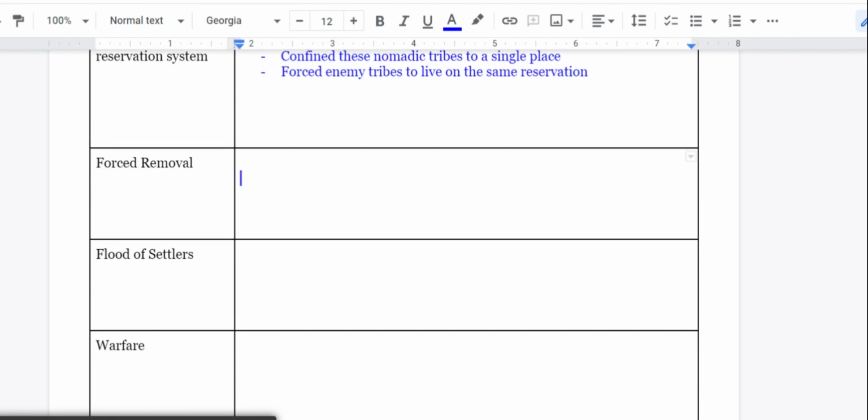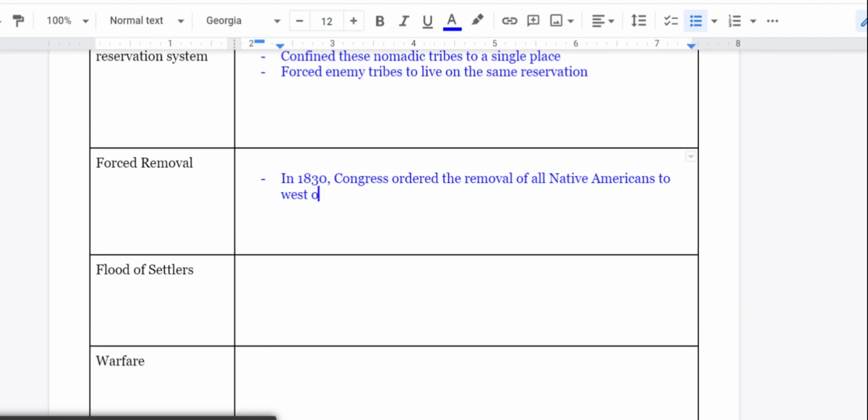So now if you turn to page 92, you can see different factors that are eroding Native American control of the West. So the first factor is forced removal. In 1830, Congress ordered the removal of all Native Americans to west of the Mississippi.